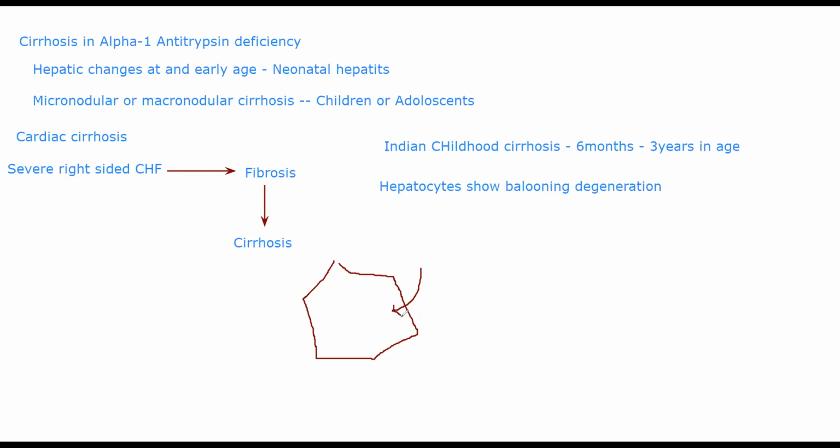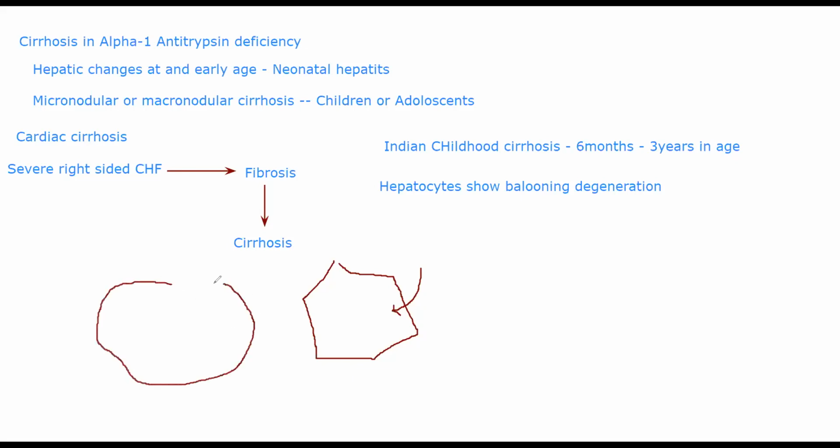I'll repeat again. Whenever there is inflammatory damage, it can be in hepatitis, it can be cirrhosis, it can be any type of damage occurring to the liver, wherein there is a severe amount of inflammation, inflammatory cells will invariably start invading into your hepatocyte, and once they start invading, your hepatocyte will lose its shape. Okay? It will enlarge.